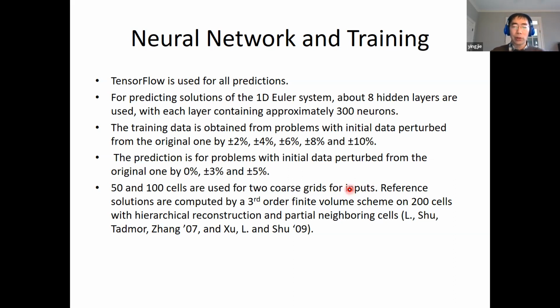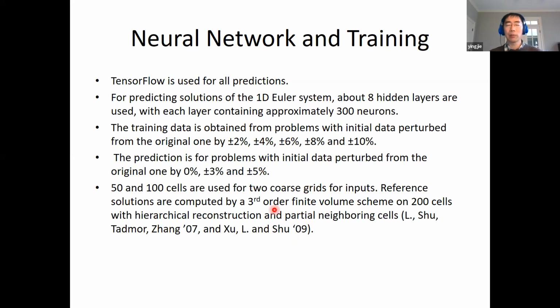The reference solution is computed by a high resolution finite volume scheme on 200 cells, and the scheme is based on hierarchical reconstruction limiting, using partial neighboring cells. This work is by me, Xu, Tadmor, and Zhang in 2007, and Xu, me, and Xu in 2009.